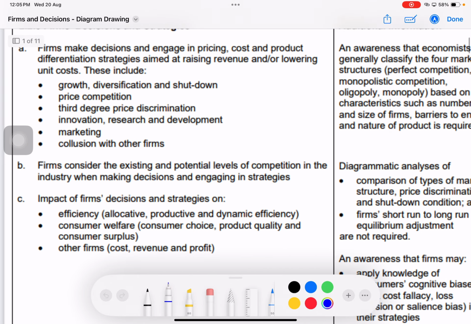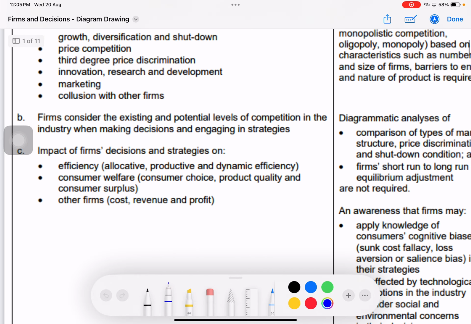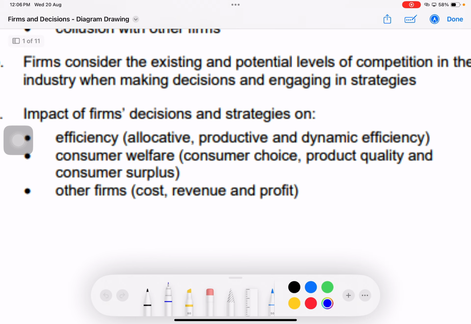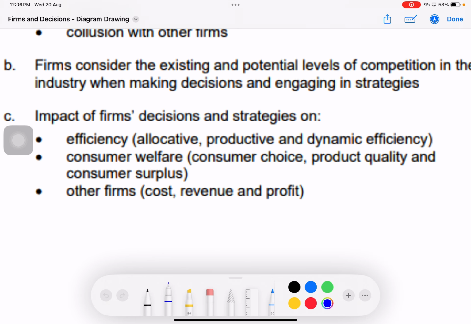Alright, the last part that I also want to direct you to is actually also on the syllabus document, the impact of firms' decisions and strategies. So this is actually what you learn from the lecture notes in the last part of the chapter 4B lecture notes on performance of the firms in the market structure. They are looking at the efficiency, which is I think the word P-wise.